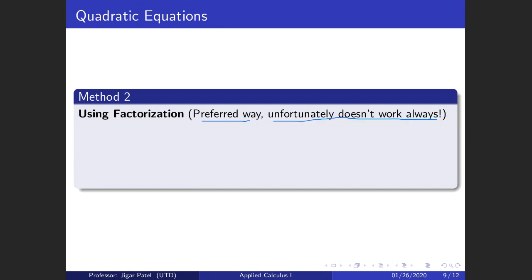This method requires you to know the factorization of the trinomial ax squared plus bx plus c. If we cannot factorize ax squared plus bx plus c, then we cannot use this method. It is exceptionally fast, but it comes with this negative side effect that not all trinomials can be handled using this idea.